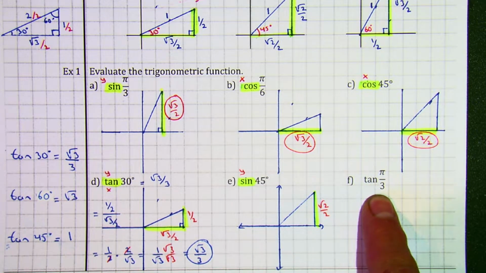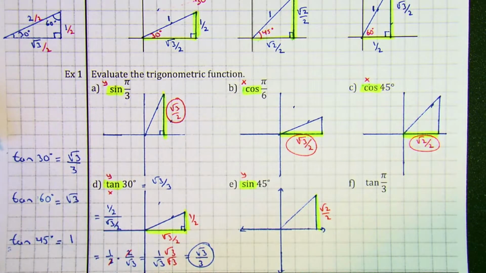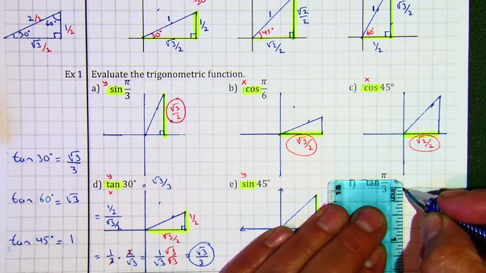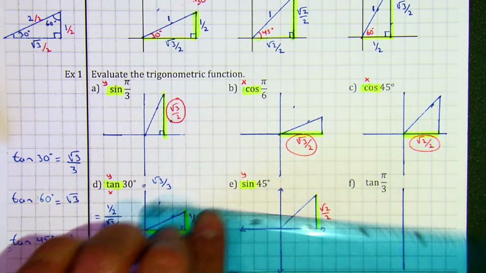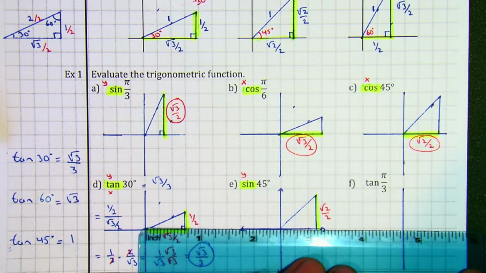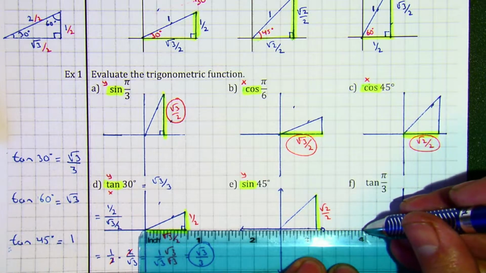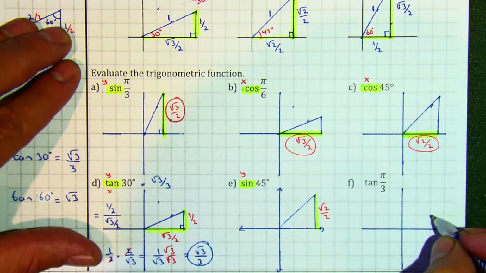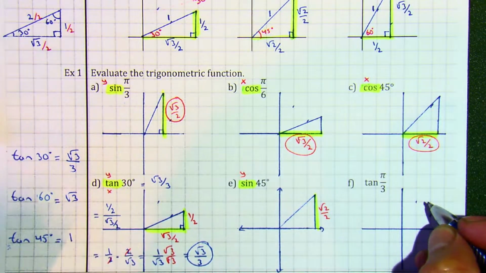Tangent of pi over 3. I'm going to make my x and y axis. So where is pi over 3? Pi over 3 is your 60 degree. 30, 60.